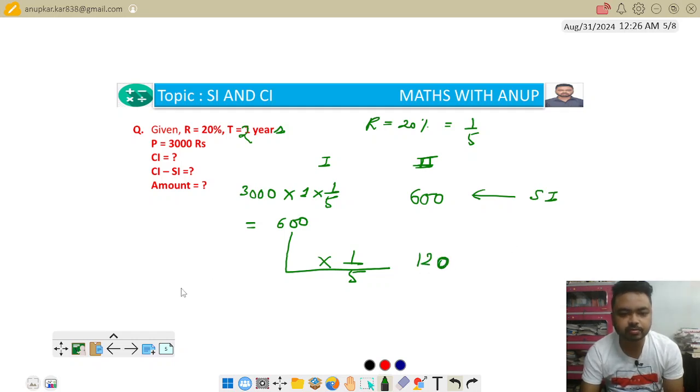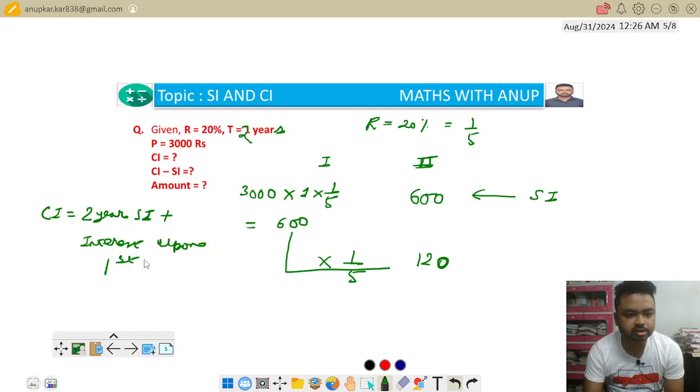So my compound interest equal to 2 साल का simple interest plus interest upon first year.